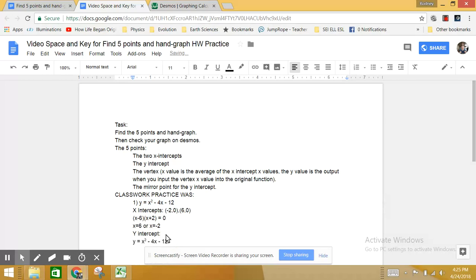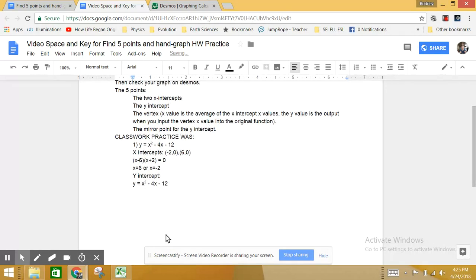If x is 0, then I have 0 squared minus 4 times 0 minus 12. But if x is 0, all that stuff goes away. So y is negative 12. So the y-intercept we can identify as (0, negative 12).